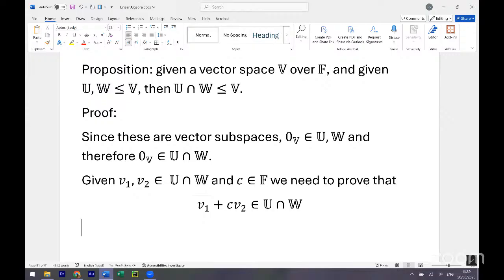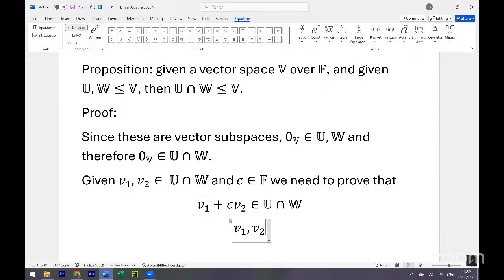Because for them to be in the intersection, they have to be in U, which is a subspace, and therefore their combination is also within U.